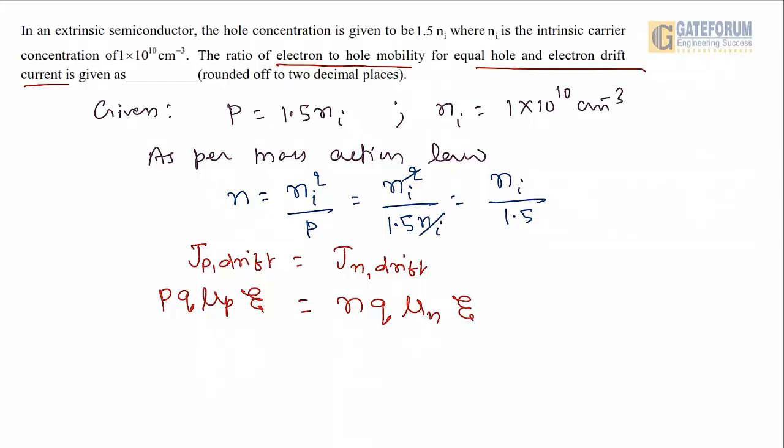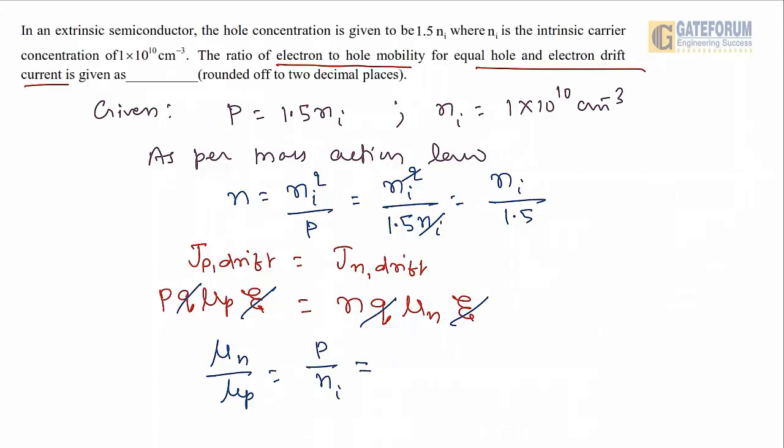By equating these two, the electric field cancels, and the common term q also cancels. Now we need to find the ratio of electron to hole mobility, mu n by mu p, which is given by p by n.